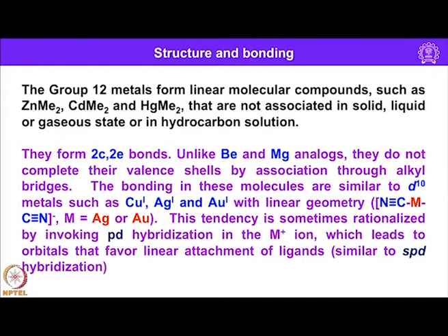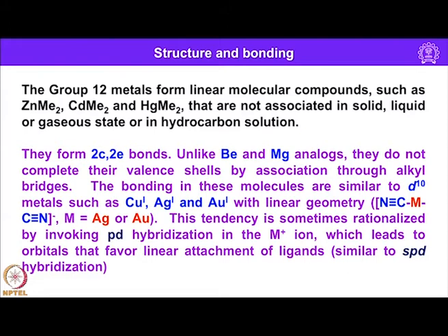So they form 2 centered 2 electron bonds. Unlike beryllium and magnesium analogues, they do not complete their valence shells by association through alkyl bridges, the bonding in these molecules are very similar to d10 metals such as copper 1, silver 1 and gold 1 having linear geometry.